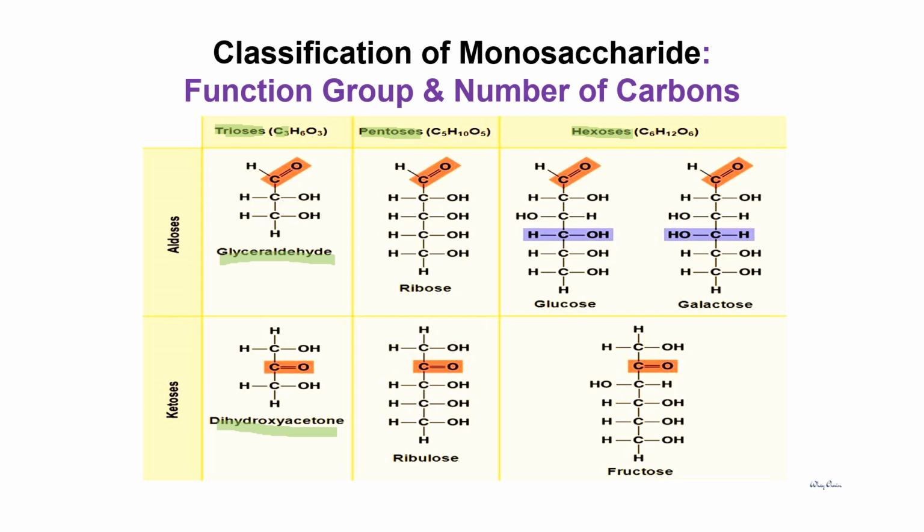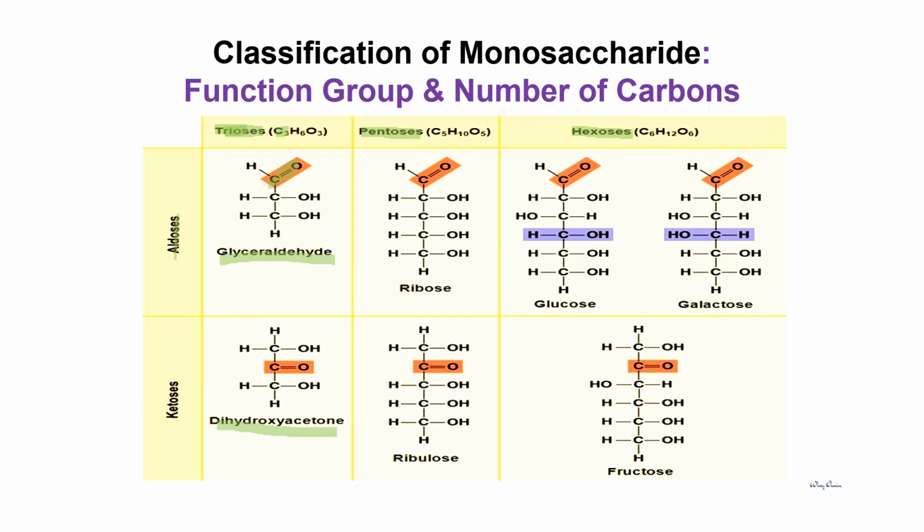However, the monosaccharide can be further divided according to the functional group. For example, trioses. If the functional group C double bond O, or carbonyl group, is located at C1, the glyceraldehyde is also known as aldoses.